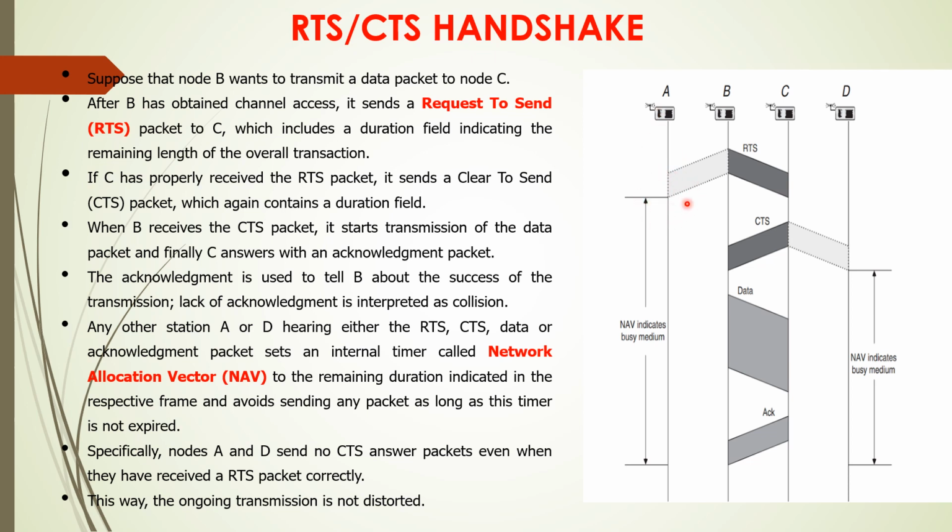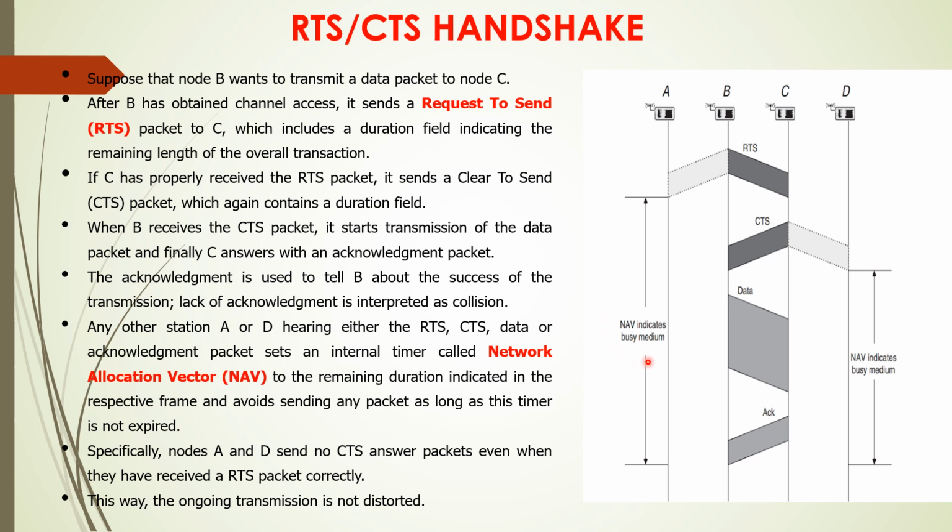As we know, the RTS frame includes the time period for the particular transaction. Once A receives the RTS packet, it sets a time interval called the network allocation vector, NAV.